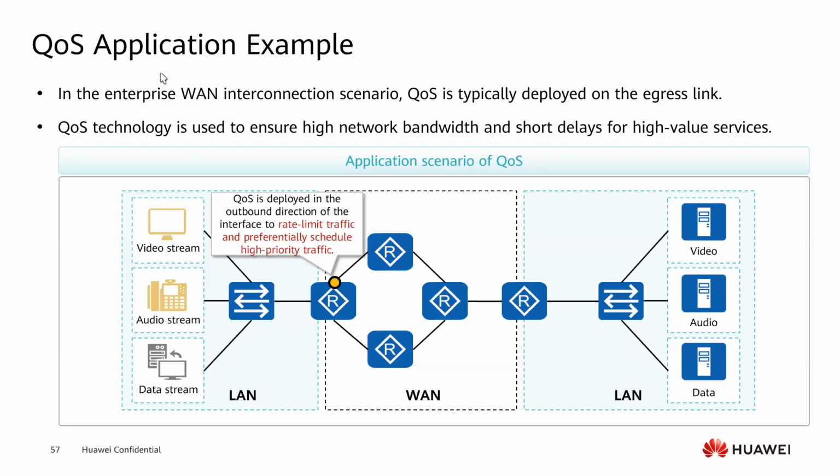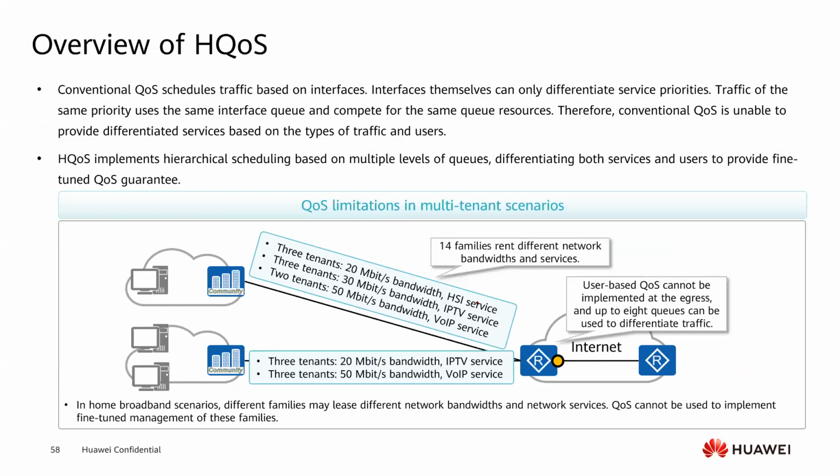For queue application outbound, we can use traffic congestion avoidance, congestion management, or maybe traffic policing to control traffic and send it out. Another is HQoS, which we also talked about before, so here we just pass.